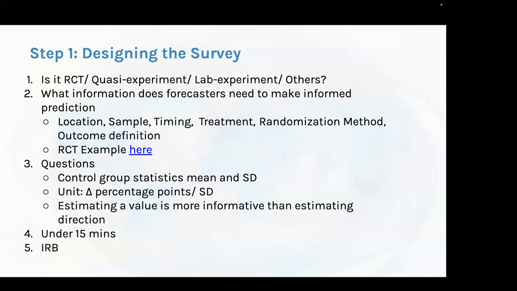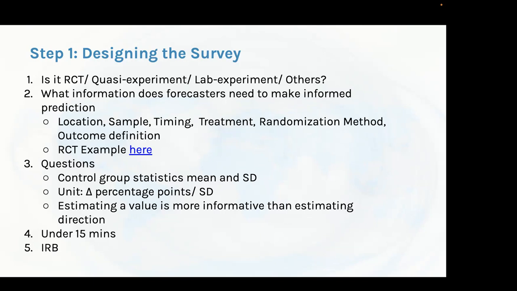Yes. So most likely we want to keep the survey under 15 minutes. So we only keep whatever information is important for the predictions. You don't need to include everything if you don't feel like your randomization method is going to significantly influence the prediction results.